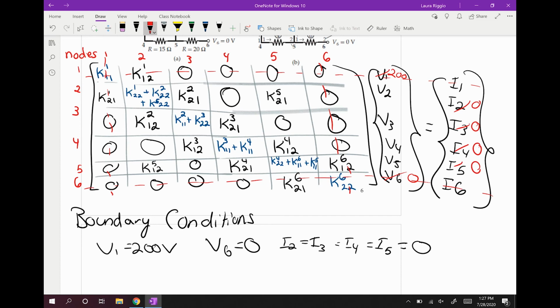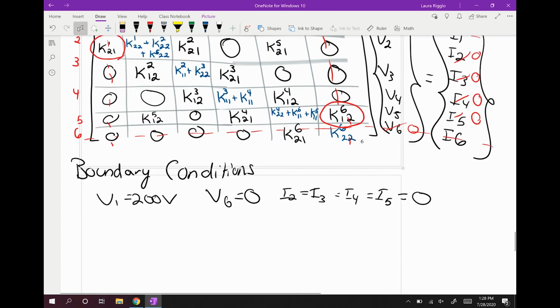Now, this is usually pretty simple, but what I want to point out is that in row 2, we had this K121 times V1, and in row 5, we have this K612 times V6. We have to account for those by moving them to the other side of the equation.